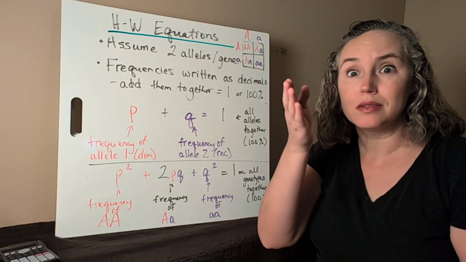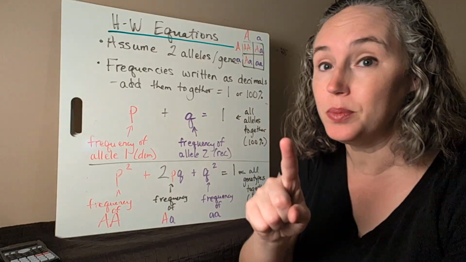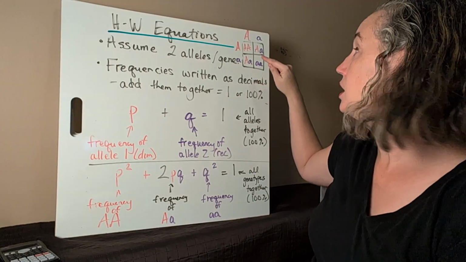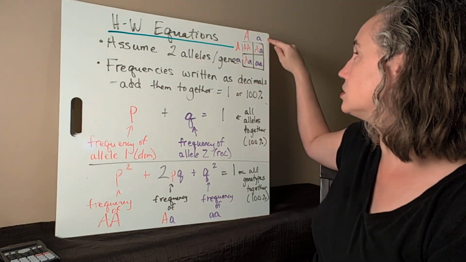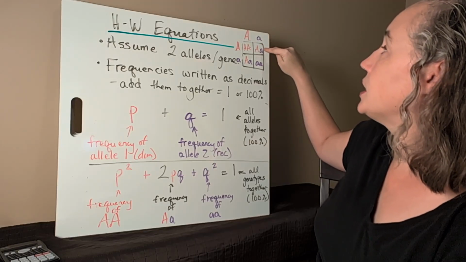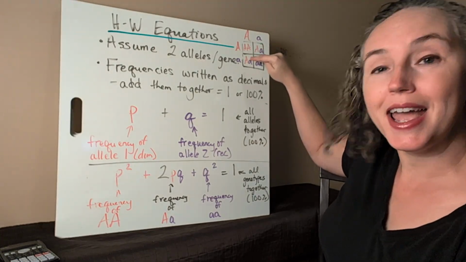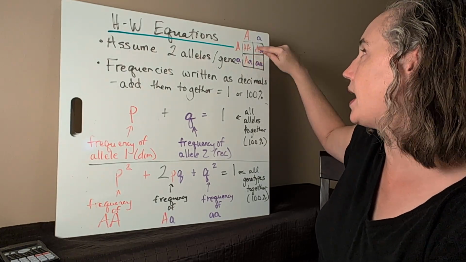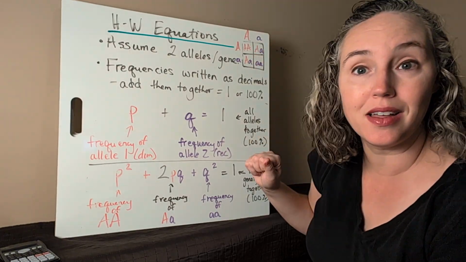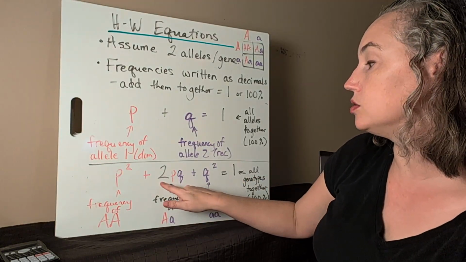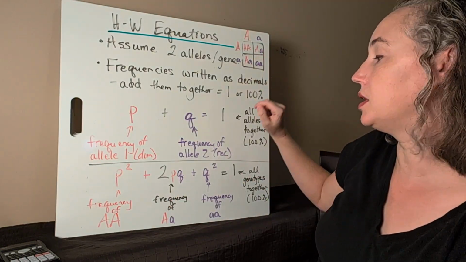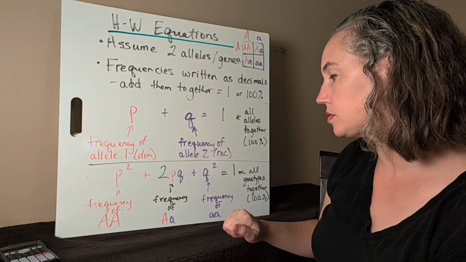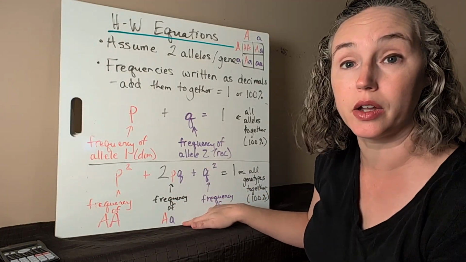Why not just PQ? That's because if we look at a Punnett square, let's say we mated 2 heterozygous individuals, the chances of having the heterozygous genotype are twice that of either of the others. So we do 2, because 2 boxes have big A, little a, 2 times P times Q. That's the frequency of the heterozygote.